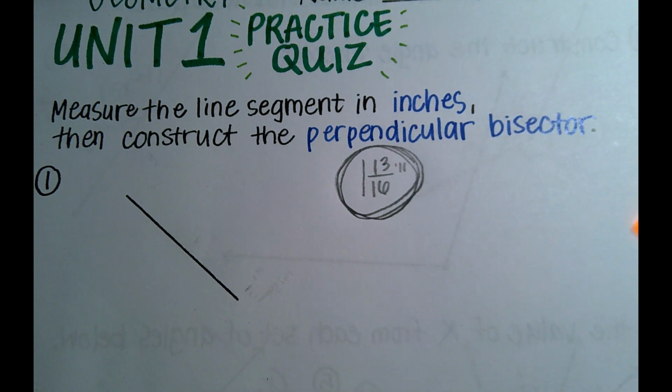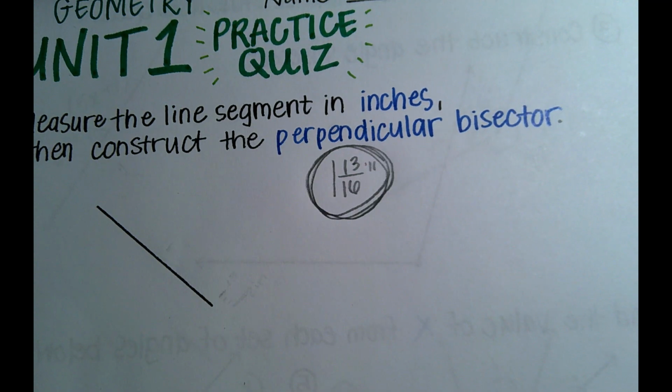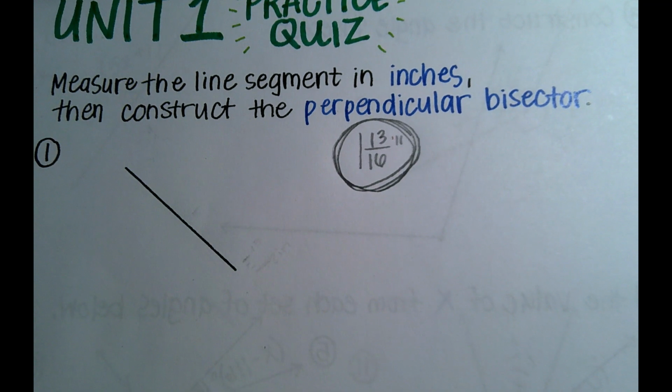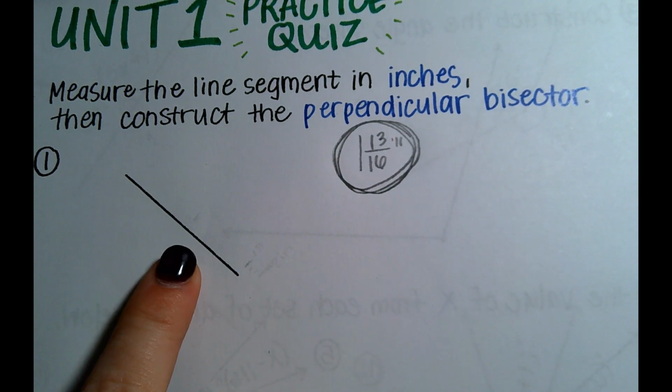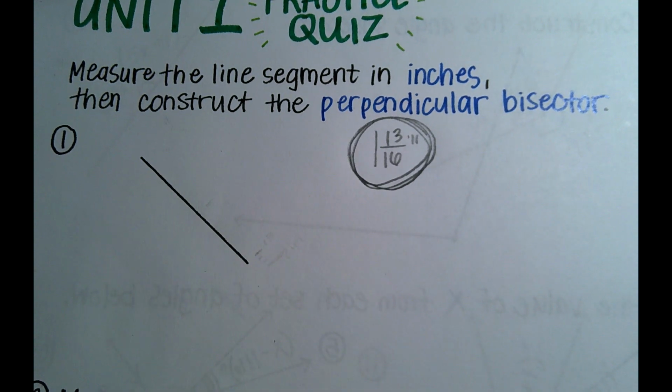So here is where I would definitely, very carefully, put everything that I put on my paper, because I'm going to give you a guide so that whenever you do a perpendicular bisector on your quiz, you'll have exactly what to do.